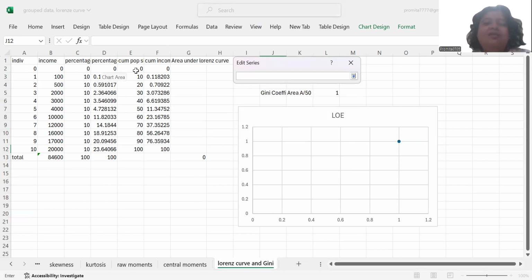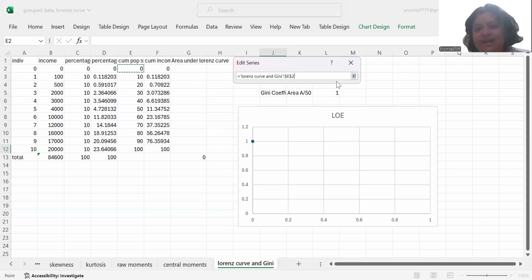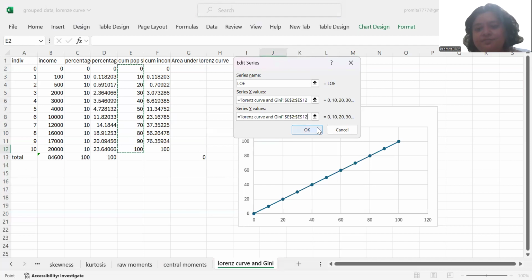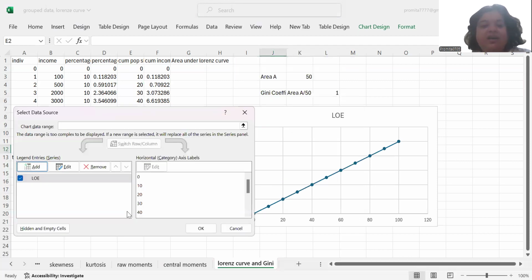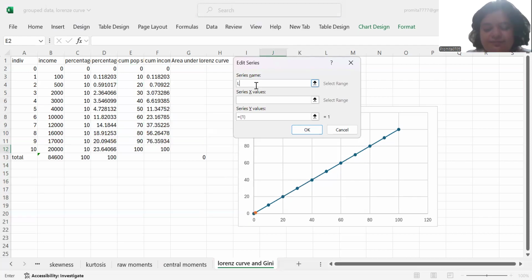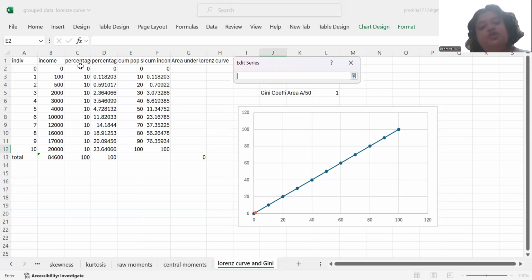So here we'll take the cumulative population share in x-axis as well as in y-axis to get the line of equality. Next, we make the Lorenz curve. For the Lorenz curve, x value should be the cumulative population share and y value should be the cumulative income share.